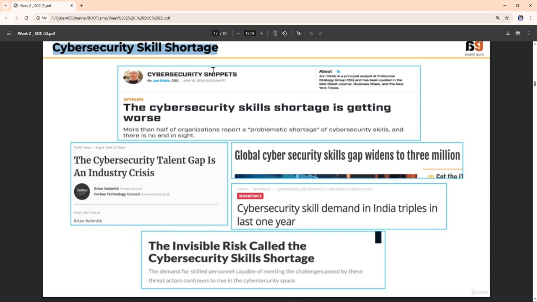But the gap is in the distinctive departments of this career. The career path is huge, but each department has a skills shortage. In every department in cybersecurity there is enough shortage. So it's all about finding where you fit in best, then putting yourself out there, and you get there one step at a time.